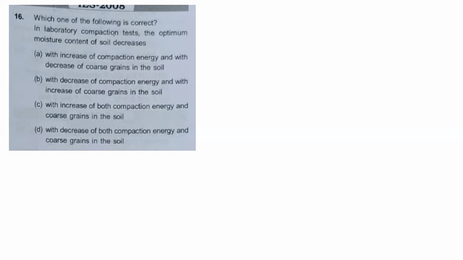In the laboratory compaction test, the optimum moisture content of soil decreases with increase in compaction energy. That is, the optimum moisture content of soil decreases. Optimum moisture content is the water content at which the dry density will be maximum.